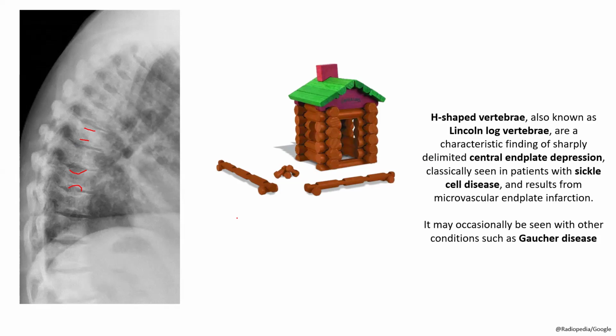So in sickle cell disease, sickle cells are sickle-shaped RBCs. They accumulate anywhere, and they can cause ischemia in the organs. So it can lead to microvascular end plate infarction in the vertebral bodies, which leads to central end plate depression. And this leads to the characteristic H-shaped vertebra sign or Lincoln log vertebra. So this is quite characteristic of sickle cell disease, but it can also occur in other conditions like storage disorders like Gaucher's disease.